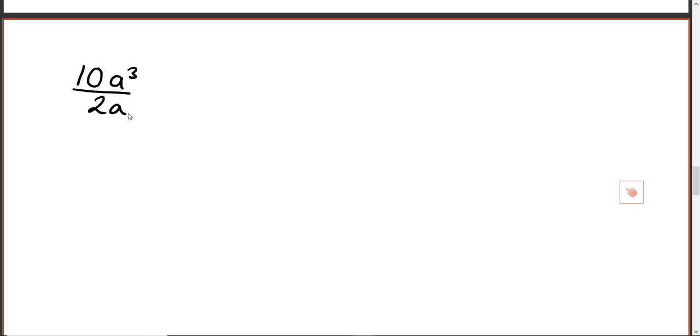So I've just got a basic fraction and I want to simplify it. Any ideas? Okay? Divide by 2. I mean, well, that's obvious. So it would be 5a squared. So the answer would be 5a squared. Is there anyone that doesn't know why?